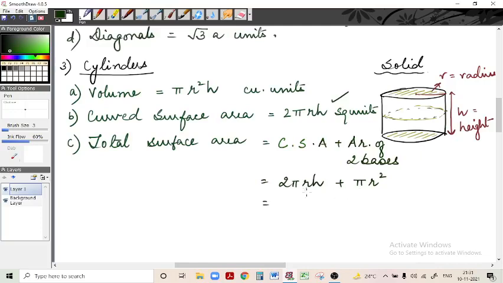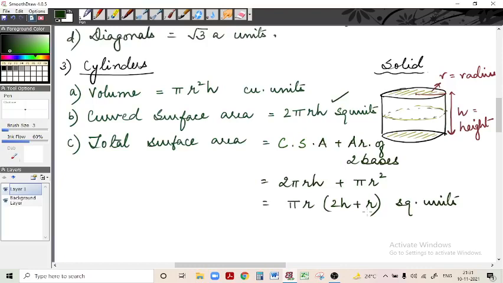What can we take common out of these two terms? We can take pi r common and we are left with 2h plus r. This is square units. Okay, so this is all about solid cylinders.